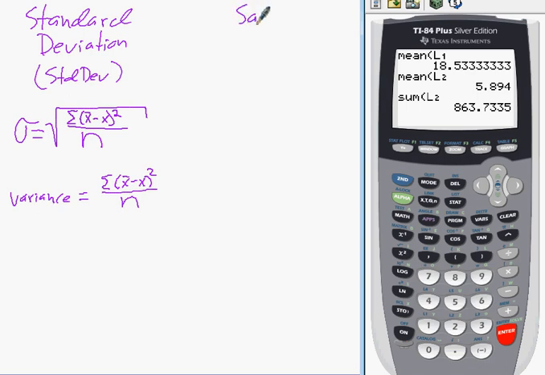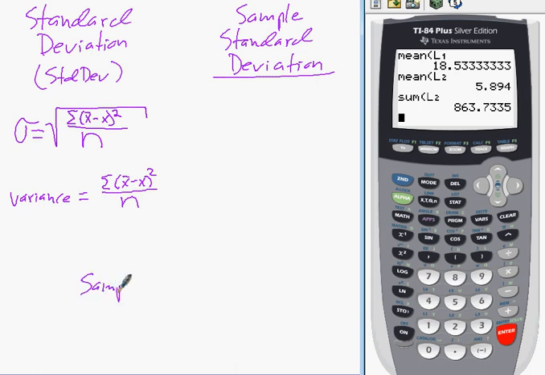Now, sample standard deviation. This gets into a kind of tricky question of what is the difference between sample versus population.